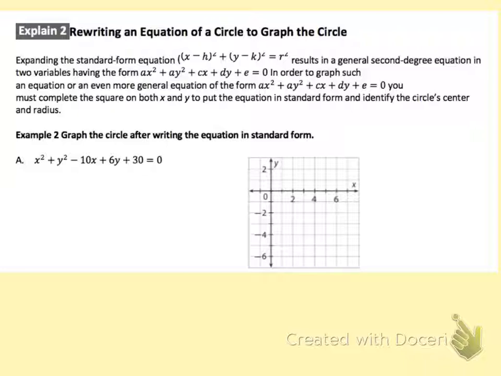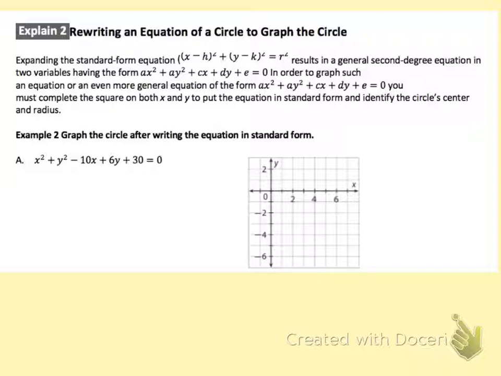Because they have something like x minus 3 squared, and they want to know if they have to expand that out. But I mentioned that actually is the preferred format of an equation for a circle, so that you can directly look at it and see the center, and then take the square root of the other side and get the radius.